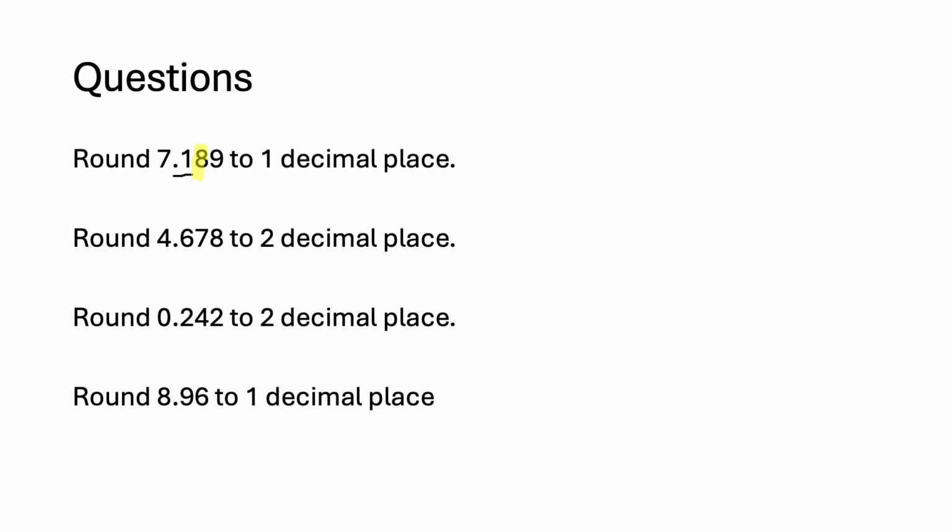We see if 8 is bigger than 5 or less than 5. Well, 8 is more than 5, so that means we are going to have to round up. So that 1 will turn into a 2. So our answer would be 7.2 to 1 decimal place.